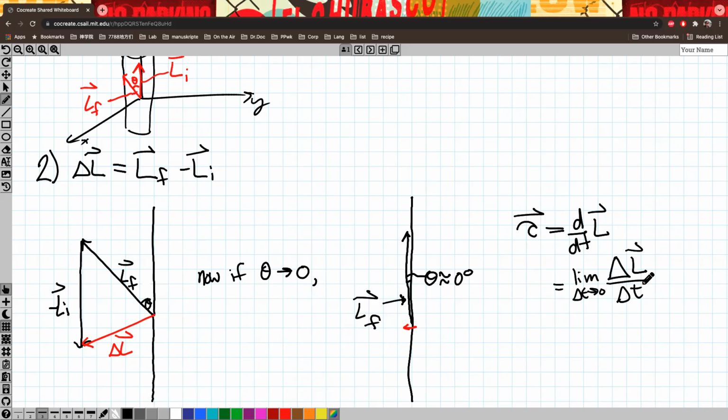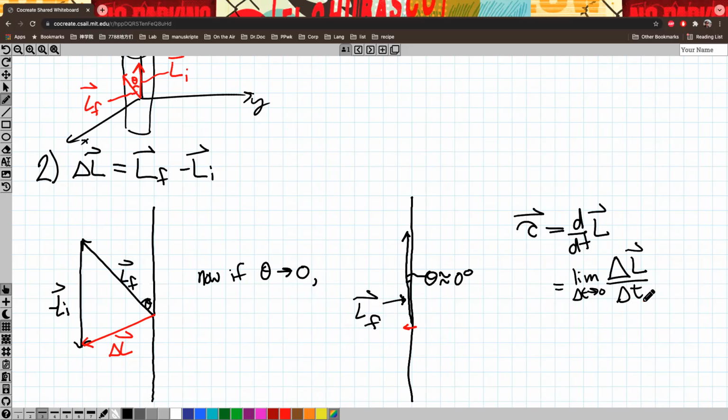So we know that delta L is equal to torque times time. The torque is constant during a small interval delta t. This equation says that the corresponding small change in angular momentum is delta L equal to tau delta t.